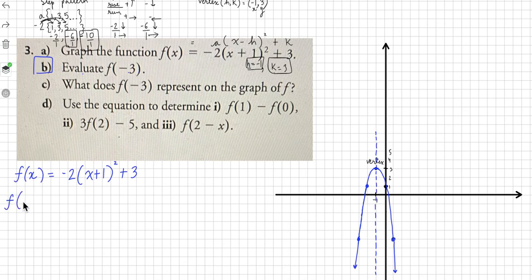So x is just replaced by negative 3. Wherever you see the x in the equation, it's going to be negative 3. So this negative 2 stays the same. x will be negative 3, plus 1, whole squared, plus 3. Everything is the same here. We're replacing the x with negative 3, and now it's time to simplify.